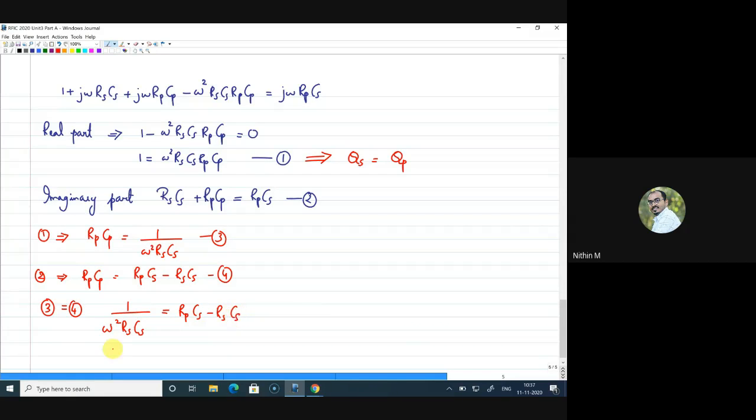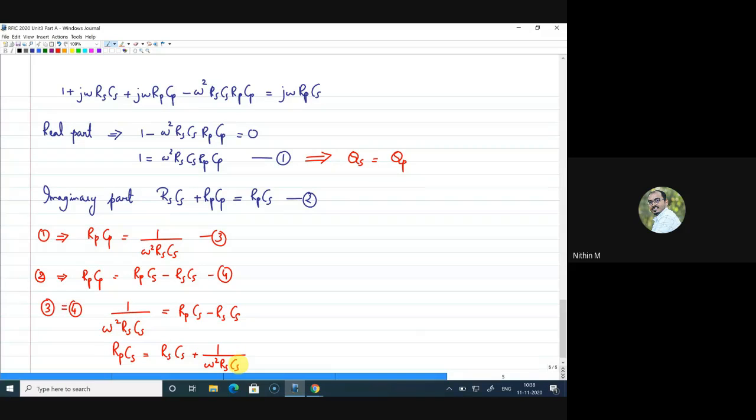What I'm doing with this analysis is coming to the relation between the values of RS, CS, RP and CP. So RPCS is obtained as RSCS plus 1 by omega square RSCS.